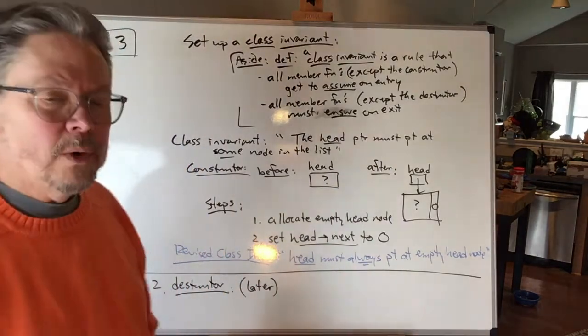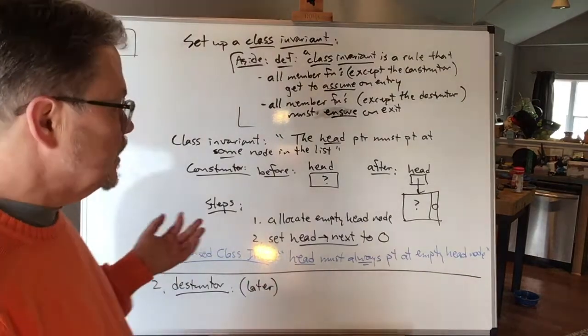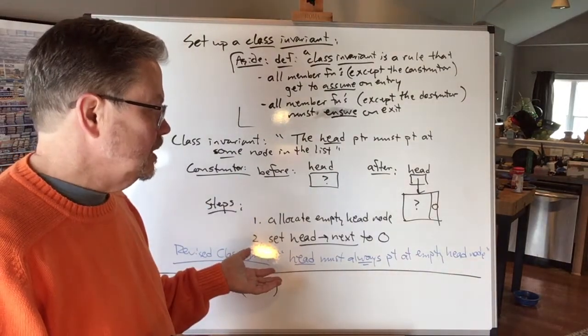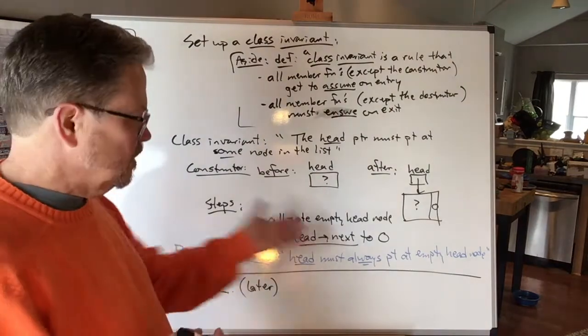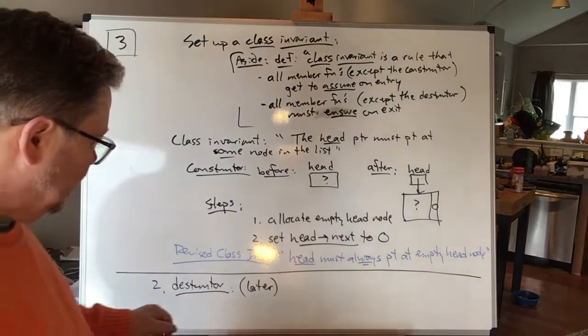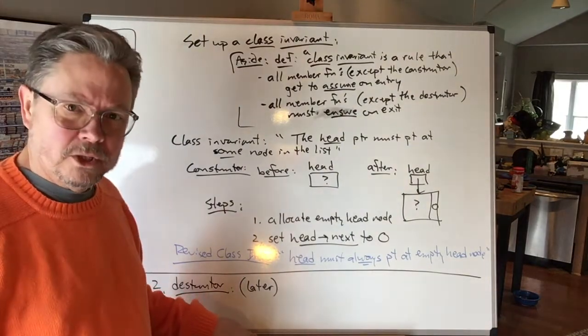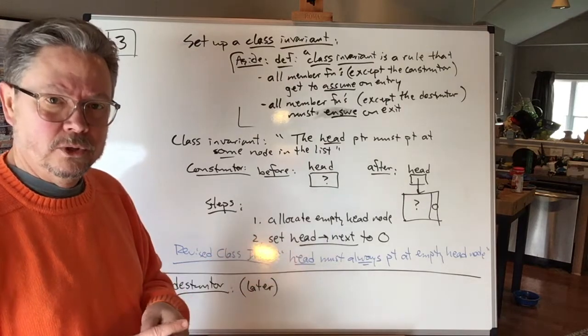Why? For one thing, the destructor is the absolute last thing that's going to be executed. Another thing that's more important in this discussion is we don't even know what all we're going to have to destroy yet. This hasn't gone through a normal life cycle of a linked list, so the destructor would be premature to even draw before and after pictures. We don't know what's going to be there. We don't know what we're going to have to destroy.